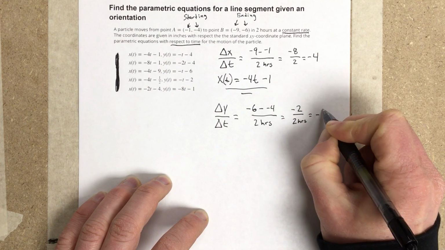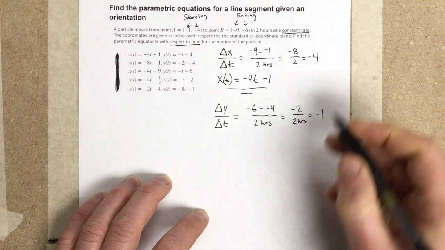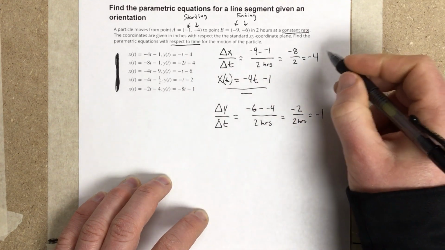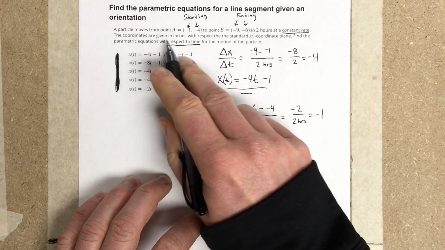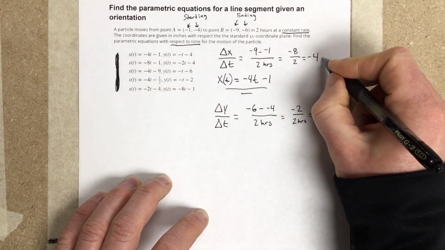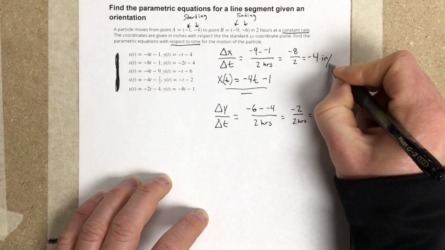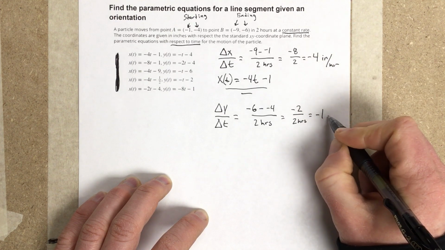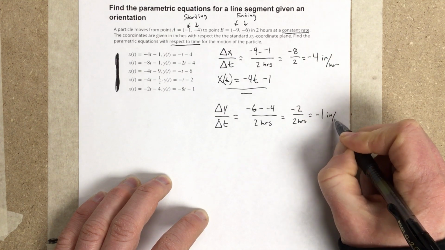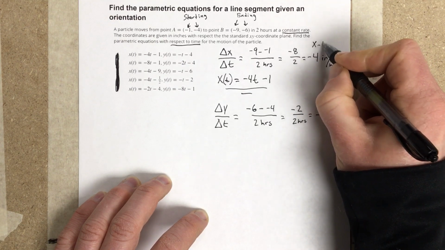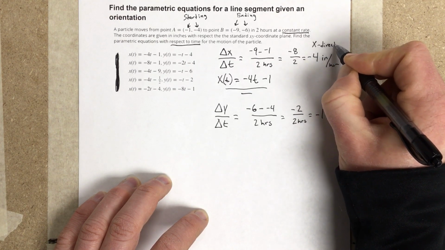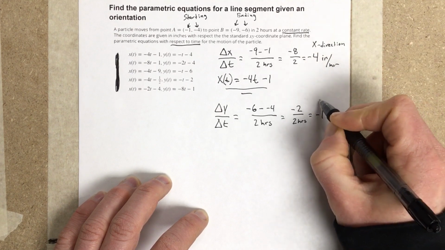So I end up with -1. They told us inches, so I should write that this is -4 inches per hour, and this is -1 inches per hour. This is the x direction, and this is the y direction.